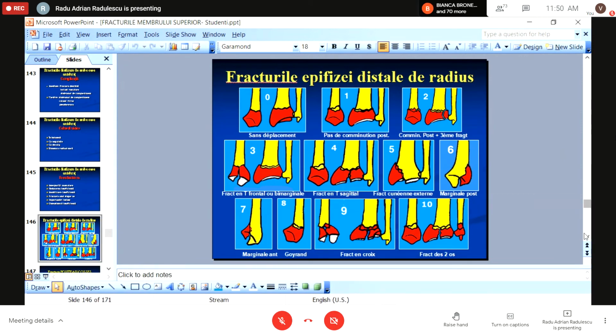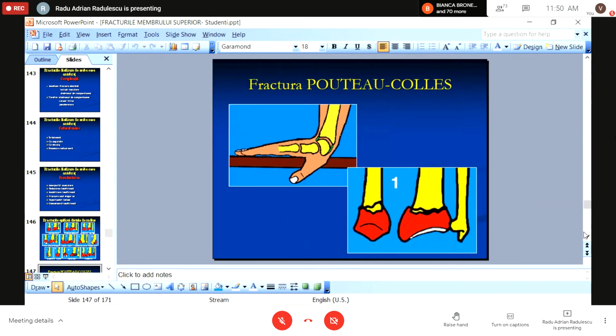So this Pouteau-Colles fracture, like I said, is the most frequent fracture, and its main mechanism is a fall from the same level on the hand with the wrist in a position of hyperextension.